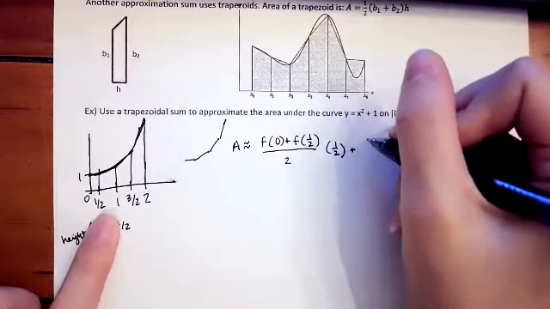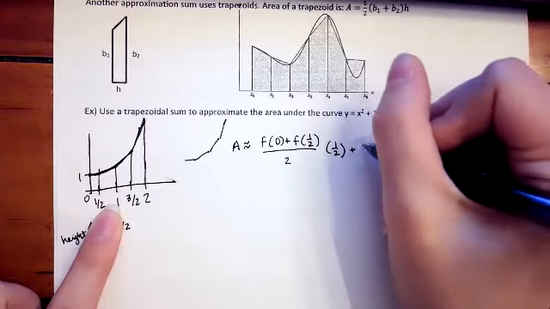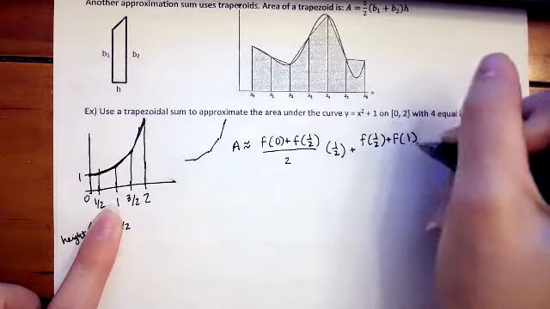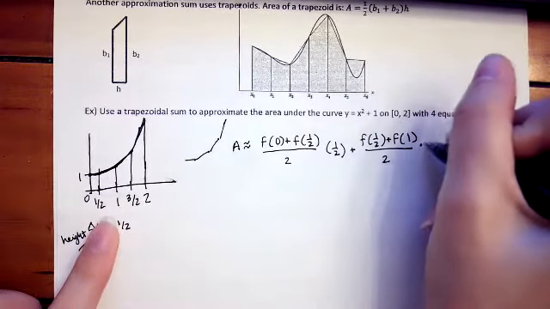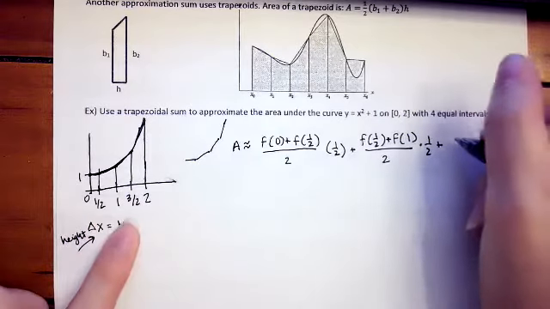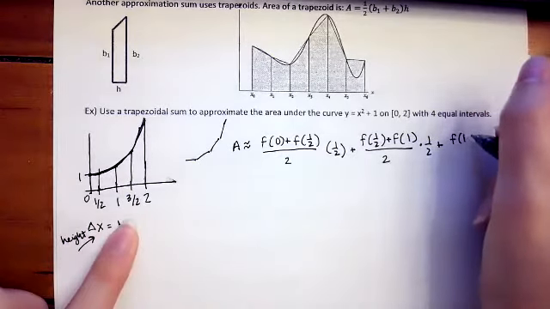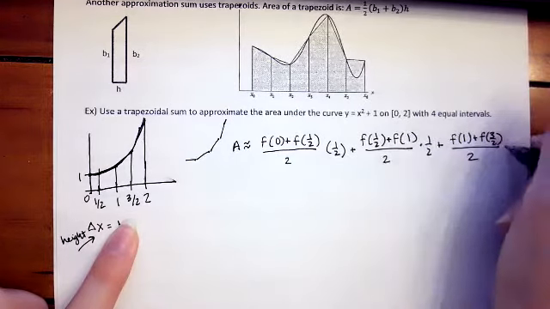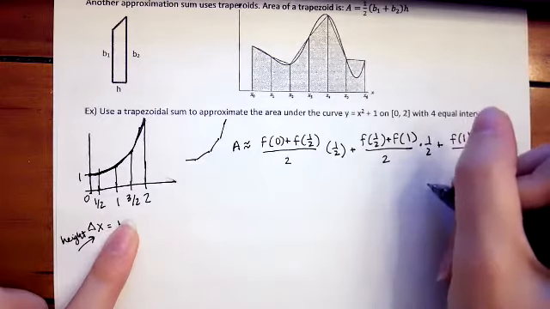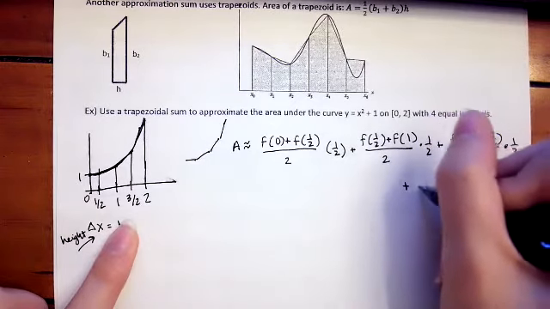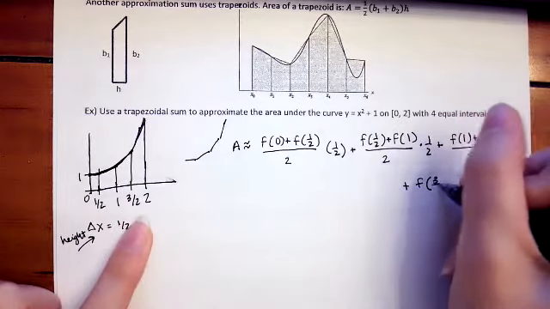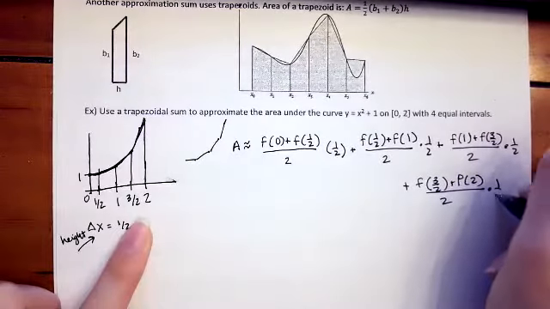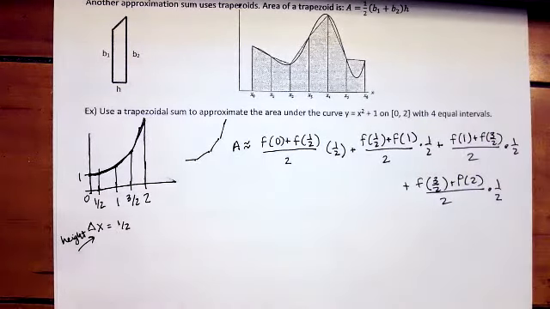My second trapezoid goes from 1/2 to 1. My third trapezoid goes from 1 to 3/2. And then I need to fit a fourth trapezoid in here somewhere that goes from 3/2 to 2. Okay.